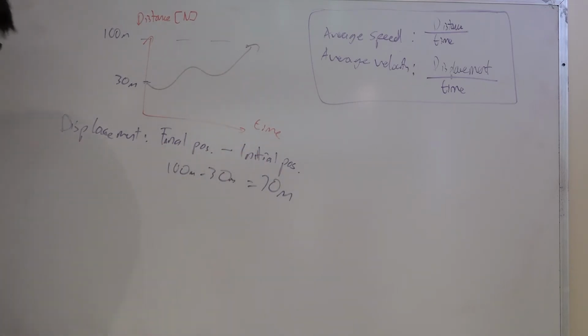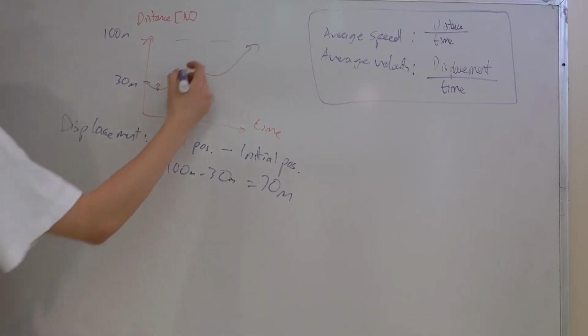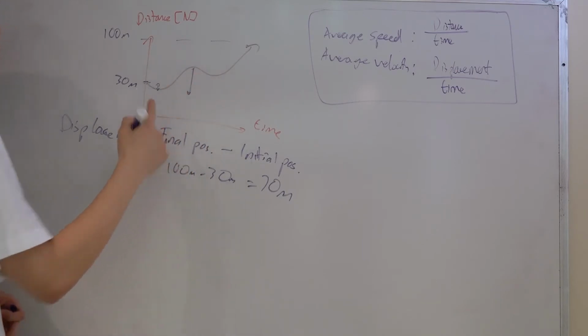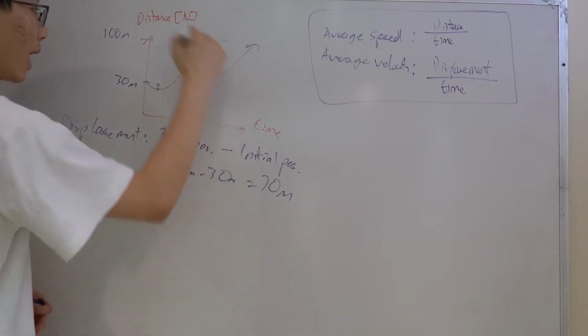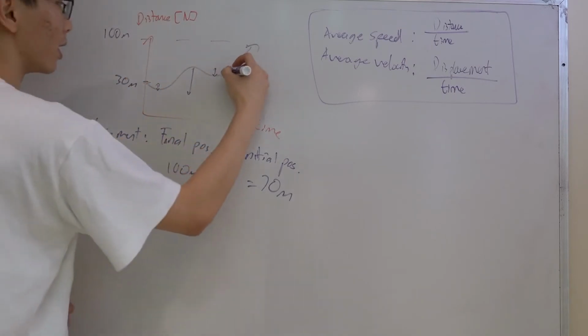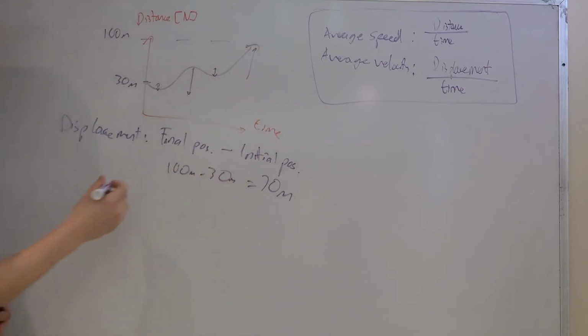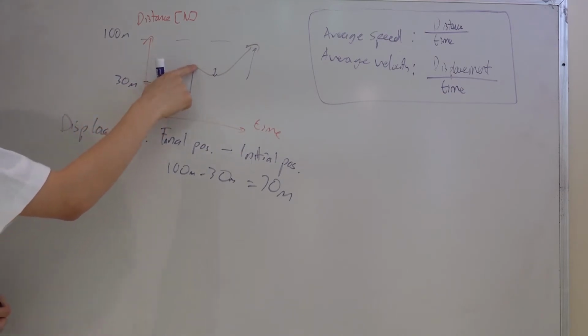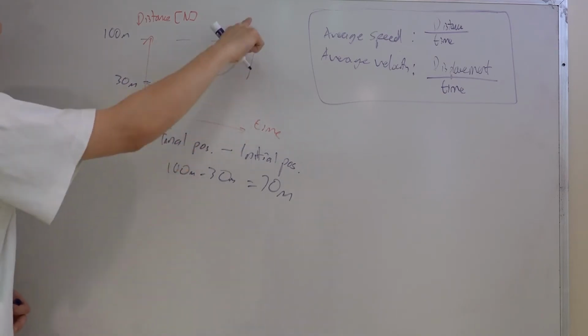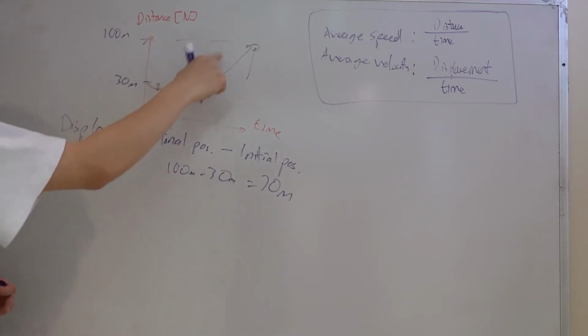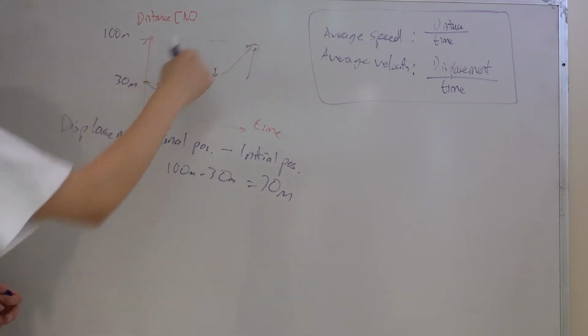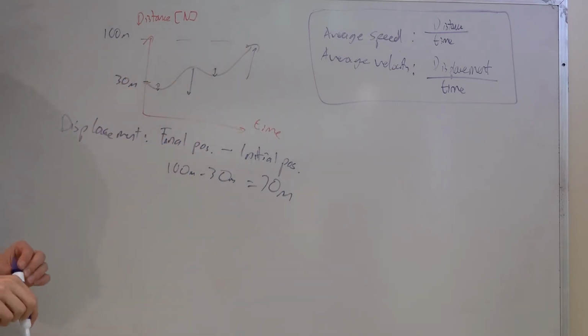All I can do is tell you that you need to take into account first this distance that you went down, then this distance when you went up, then this distance when you went down, and then that distance when you went up. So hopefully you see that you went down first, and then up, and then down, and then up. Adding all these distances together, you'll get your final distance.